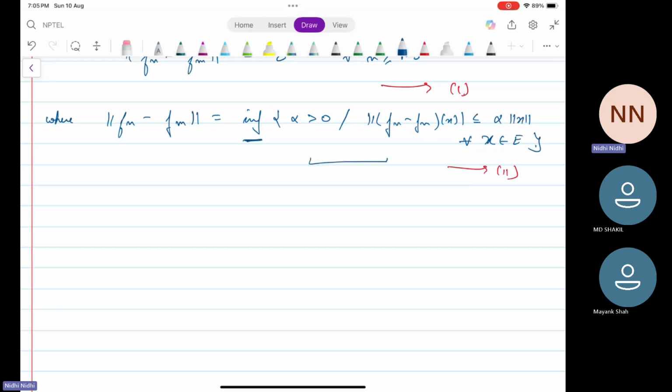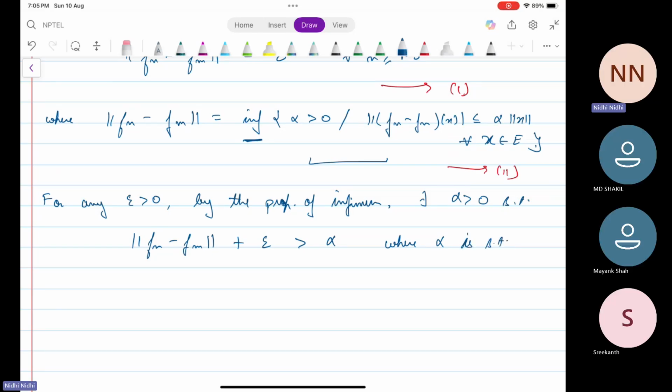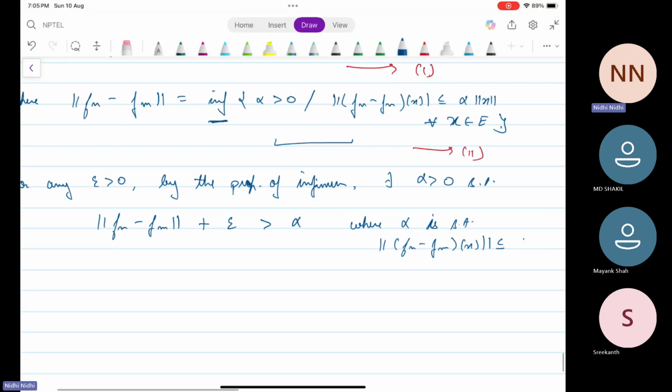We know that for any epsilon positive, by the property of infimum, there exists some alpha in this set such that the infimum, which is equal to the norm plus epsilon, is strictly greater than alpha, where alpha is such that it belongs to the set, such that the norm of (F n minus F m) x is less than or equal to alpha times norm x for every x in E.